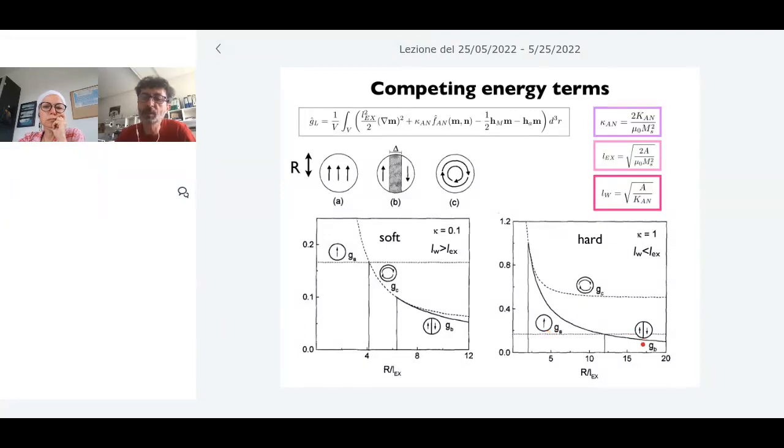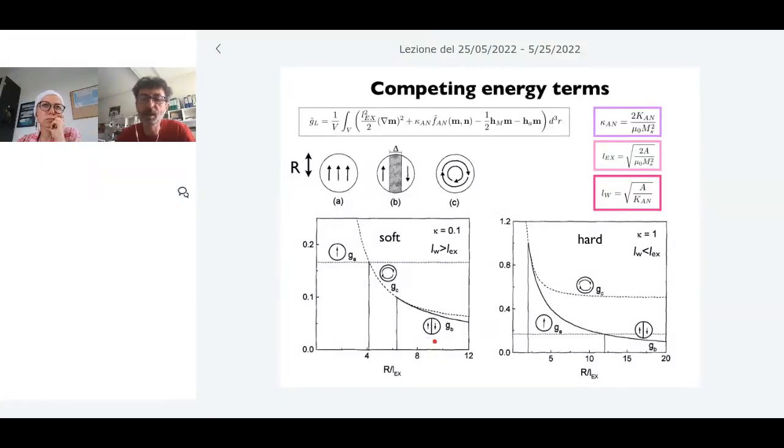Otherwise, if we apply a field, this multi-domain state will change magnetization quite easily by the motion of the van der Waals, the domain walls. The same thing holds for soft magnetic material. If we want a soft magnetic material, we cannot have too small a grain size, because otherwise they will stick to this strange configuration, single domain or vortex, that are not easily changed.